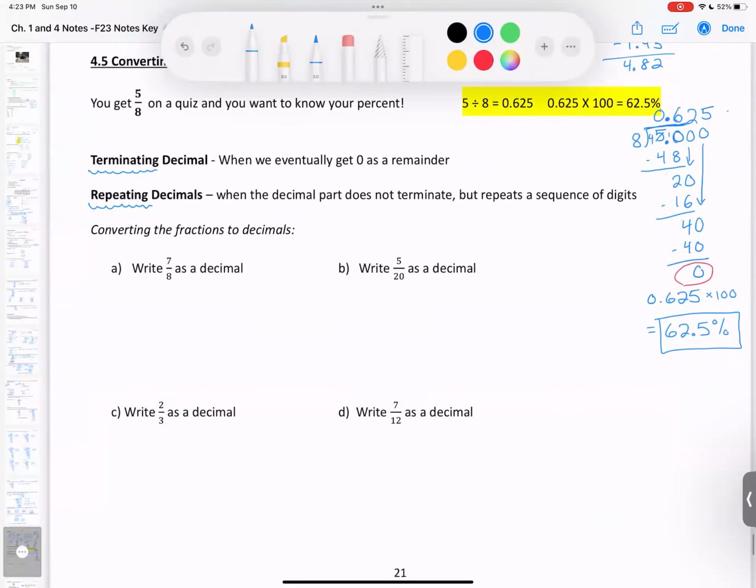So let's try some of these. Let's write 7 over 8 as a decimal. So to do that, we have to do the division. So 7 divided by 8. And let's add a 0 on here. Okay, that would go 8 times. Here's 64. And now let's drop down another 0. How many times does 8 go into 60? So that would go 7 times for 56.